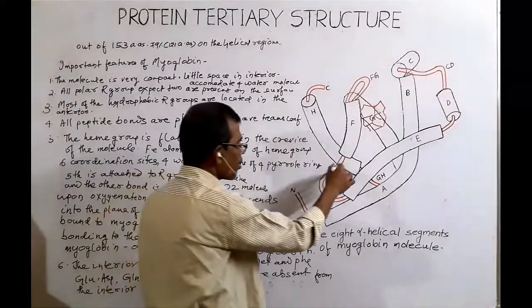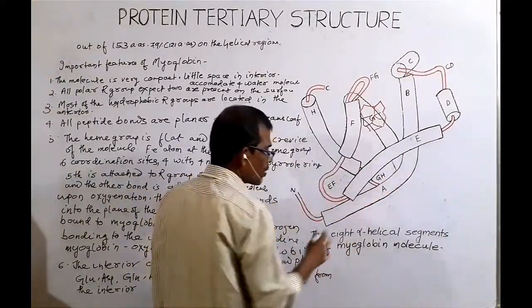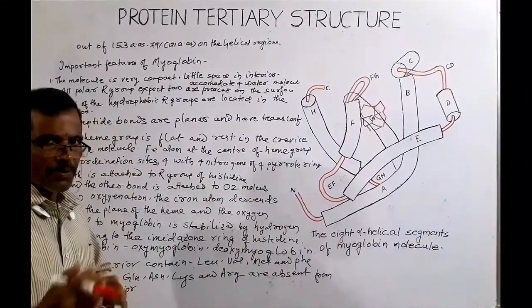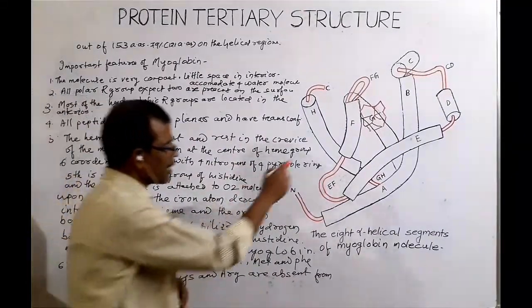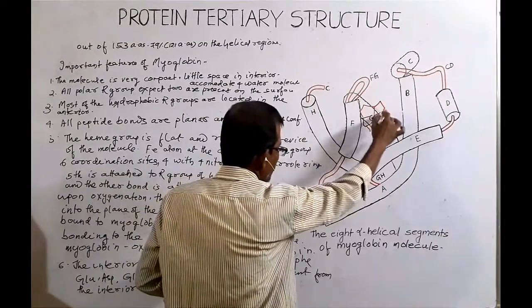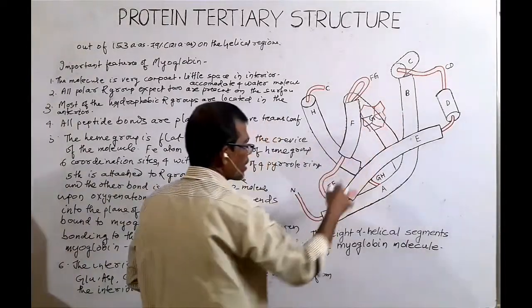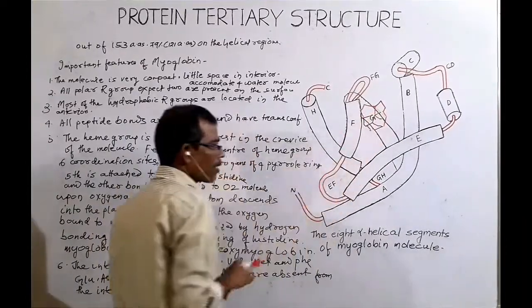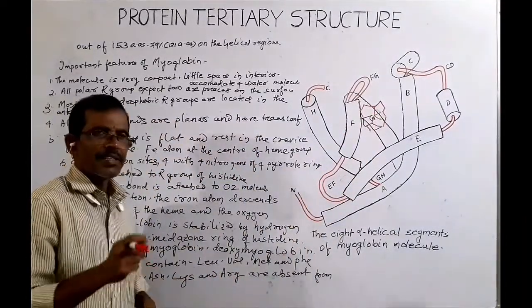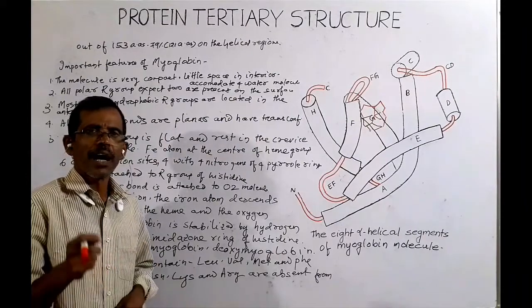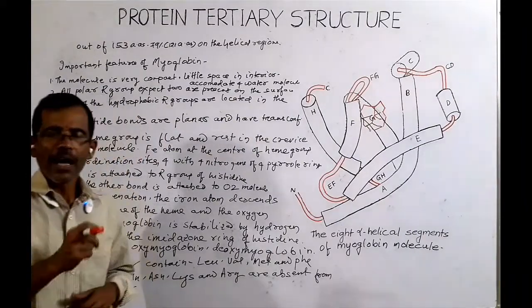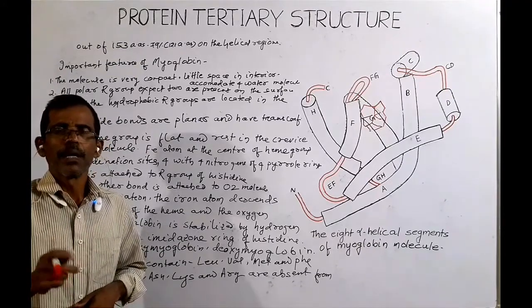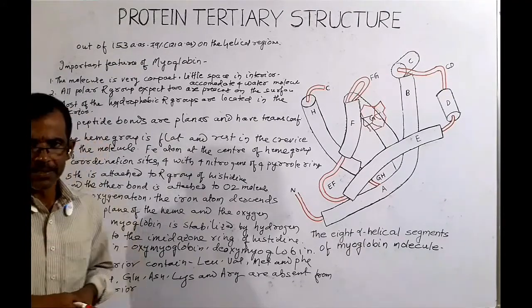All polar R groups except 2 are present on the surface where they are hydrated, and most of the hydrophobic R groups are present in the interior of the myoglobin. All peptide bonds present in the globin chain are planar and have trans configuration, and the heme, which is an iron containing prosthetic group, rests in a crevice in the molecule. At the center of heme there is an iron atom, which has 6 coordination sites.